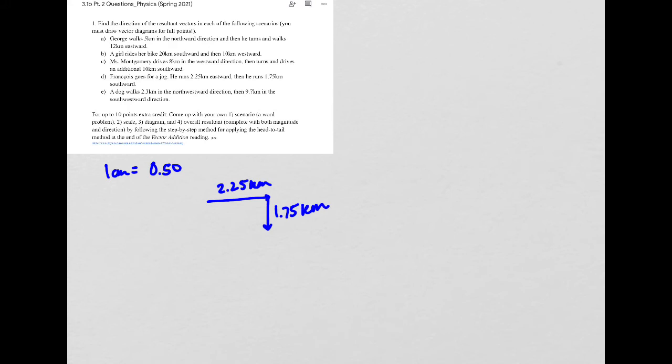I am again going to, here we have going this way, so my axis is like this. My theta would be here. Alright, so I'm going to do tangent again, TOA.